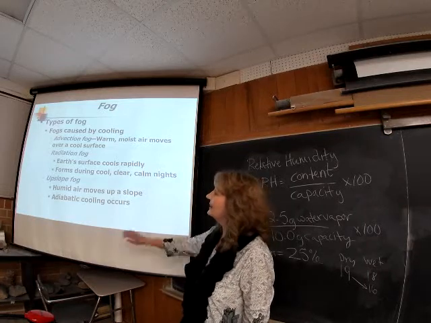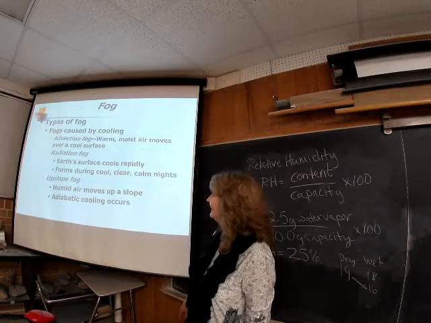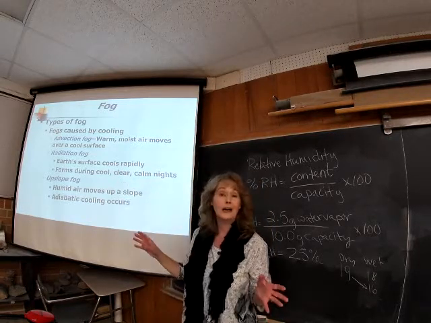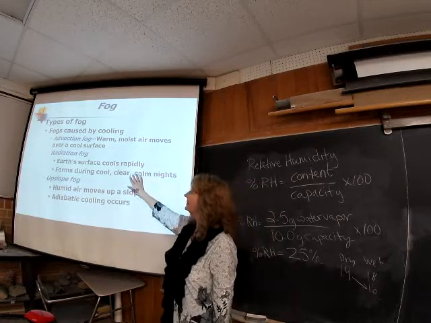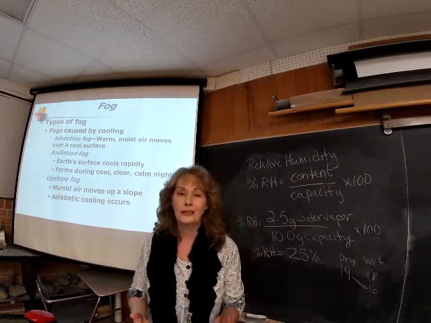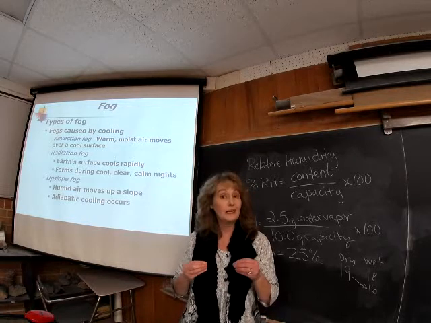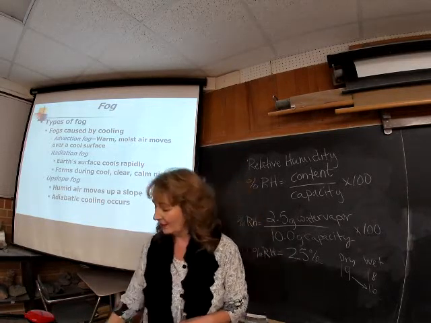That's one way. Radiation fog: the Earth's surface cools so rapidly, forming during a cool, clear, really calm night, so you're not really getting any wind with this, but the Earth's surface is rapidly cooling. That radiational cooling cools off the surface real rapidly, and then you can get some condensation right near the surface there. That's another way.